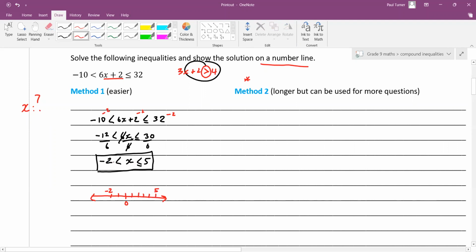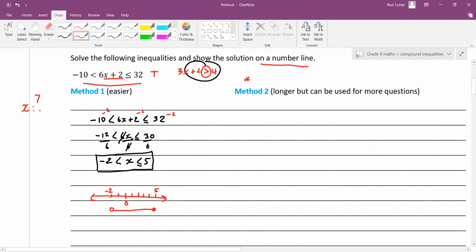So we go from -2 up until 5. Don't include -2 because there's no equal sign. Go up to 5 and include 5 there. That would be your solution on the number line. Any number between -2 and 5 will make this a true statement.